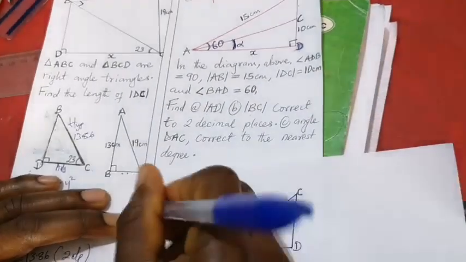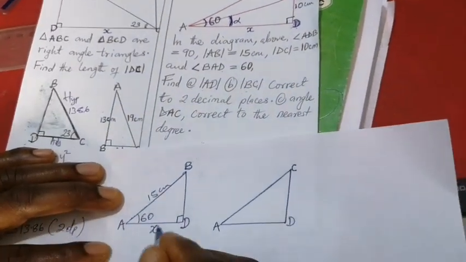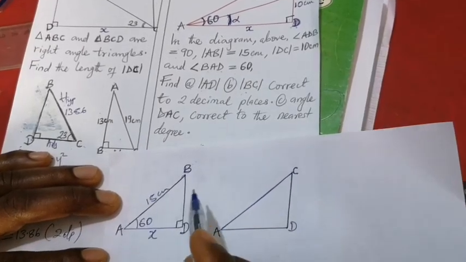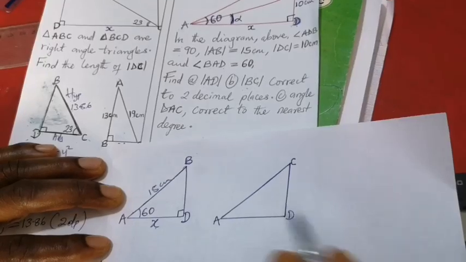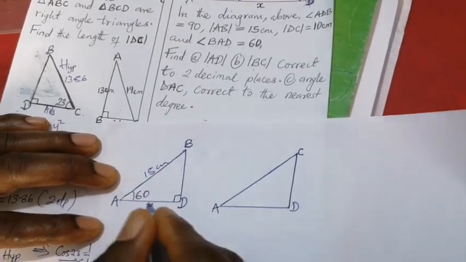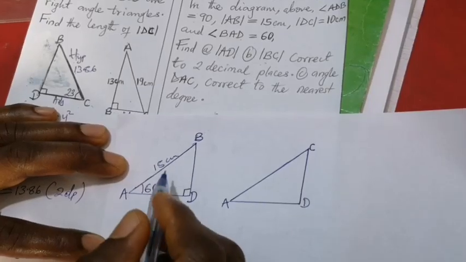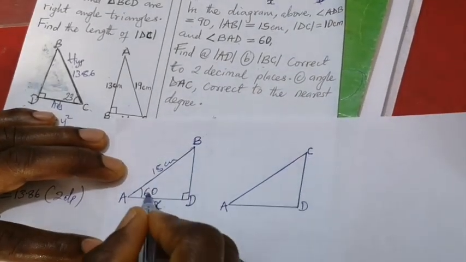And this place is 15 cm. Now, since we have an angle, a side, and we are looking for another side, we can use SOHCAHTOA, okay? And in that SOHCAHTOA, we are going to look for the acronym that contains hypotenuse, adjacent, and an angle.